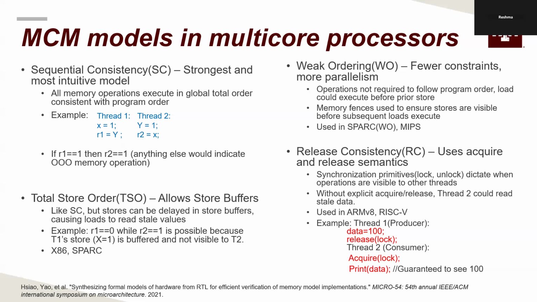Thread 2 acquires the lock so that when thread 1 writes the data and then releases the lock, the printed data in thread 2 is guaranteed to see 100. Without any explicit acquire or release primitives, thread 2 could read stale data. So this is necessary, and this is used in ARMv8 or RISC-V processors.